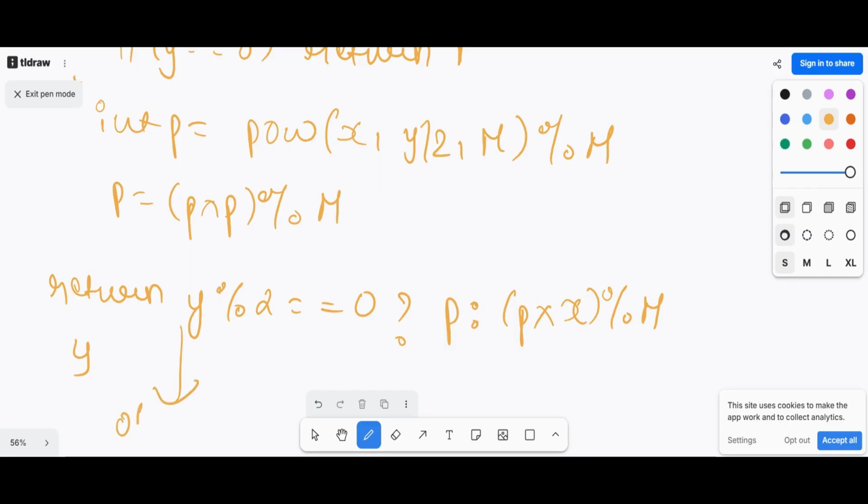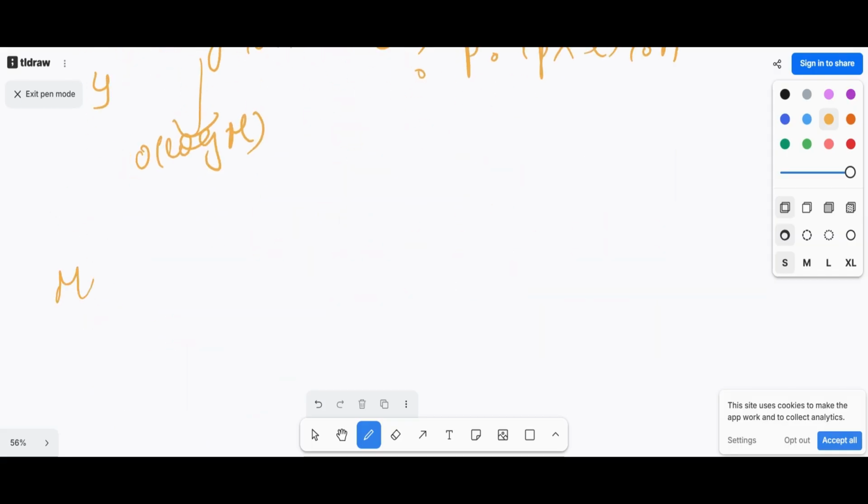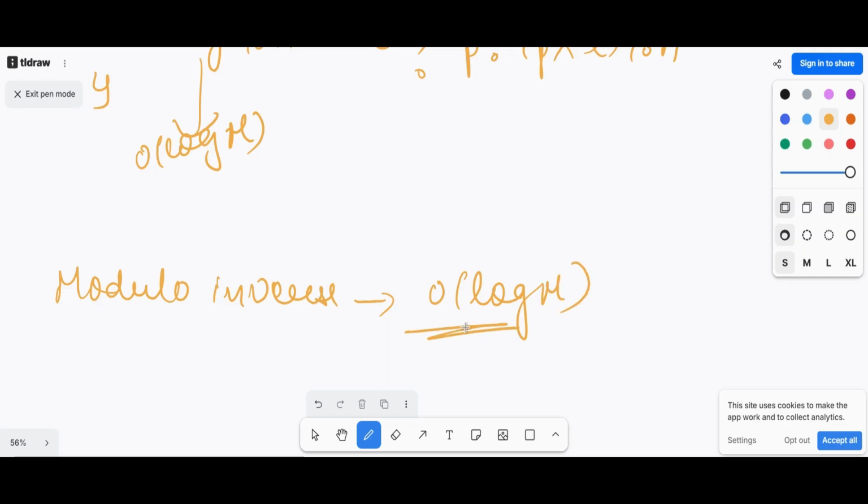This time complexity is order of log m. So the overall time complexity to find modulo inverse is also log m only, because I'm just calling power of a raised to m minus 2.